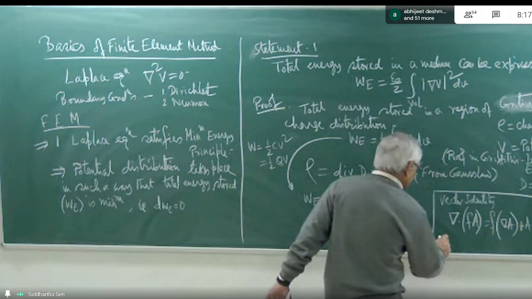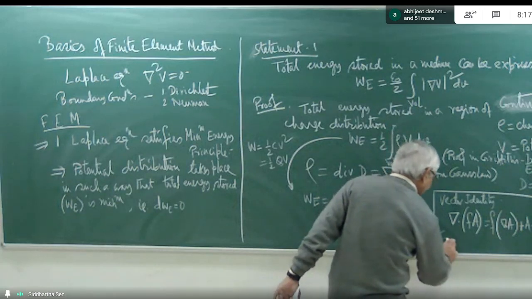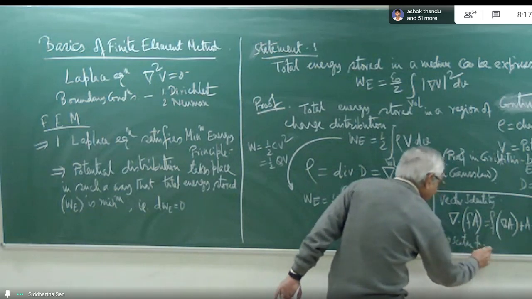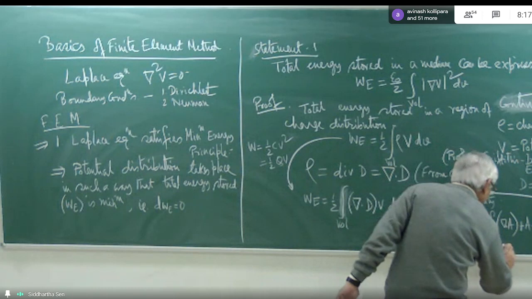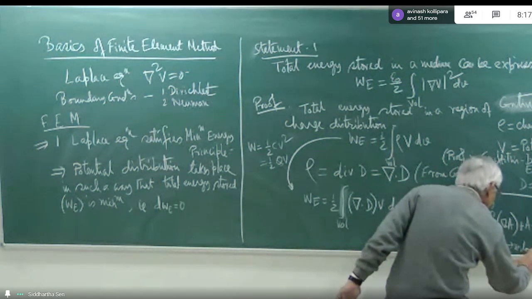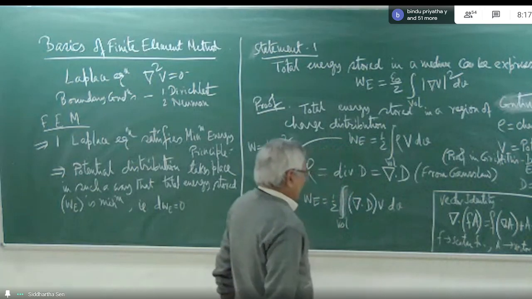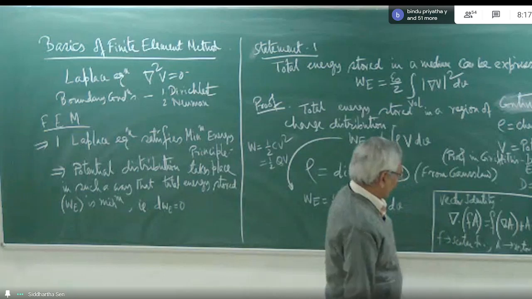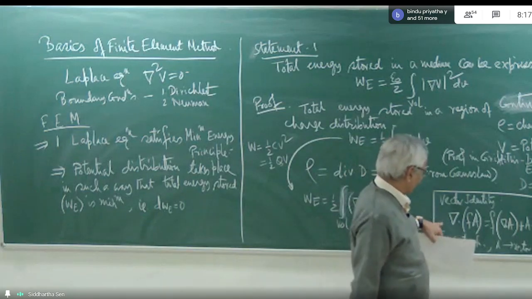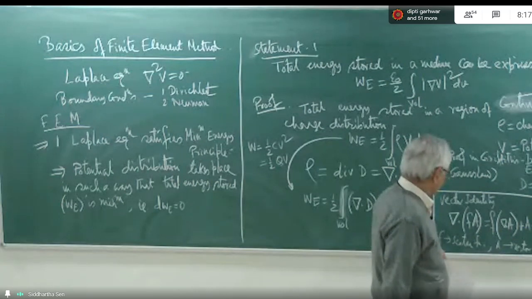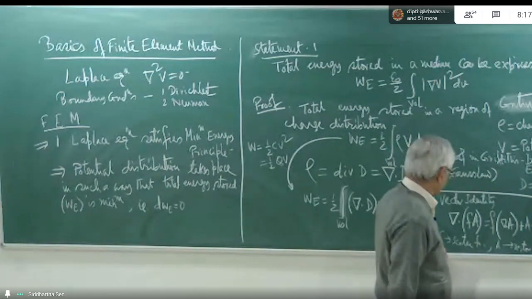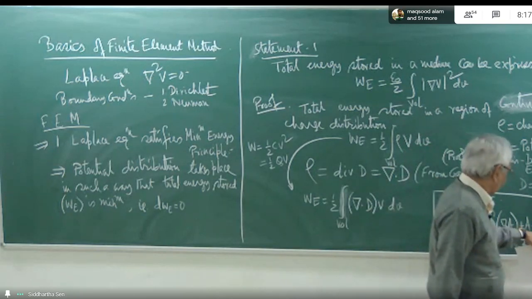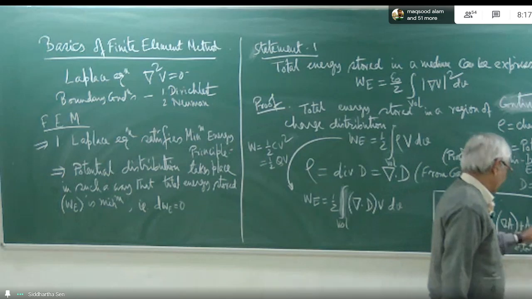So here obviously f is a scalar function and A is a vector. So f into nabla dot A is also a scalar function, and A dot nabla f is also a scalar function.